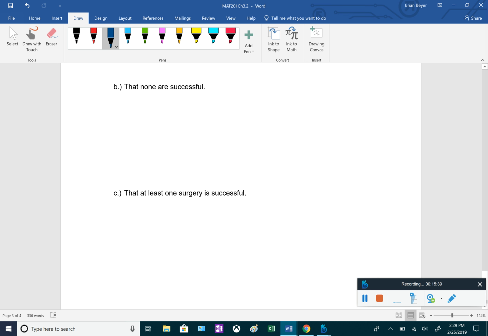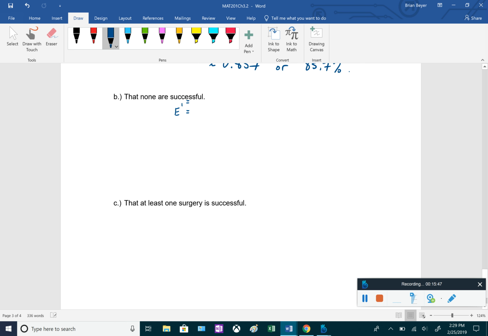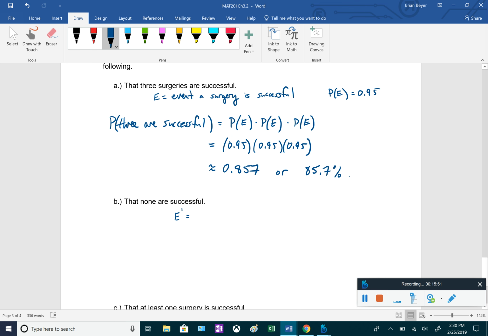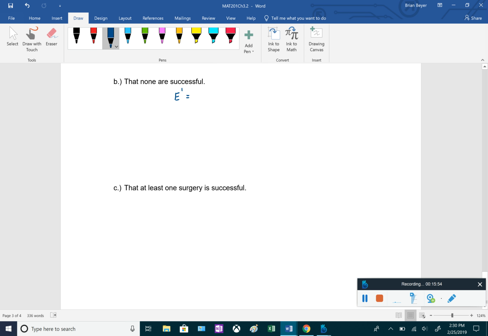Okay, next one, we want the probability that none are successful. So we have to be kind of careful here. We said E was the event a surgery is successful. That means E complement is going to be the event a surgery is not successful.